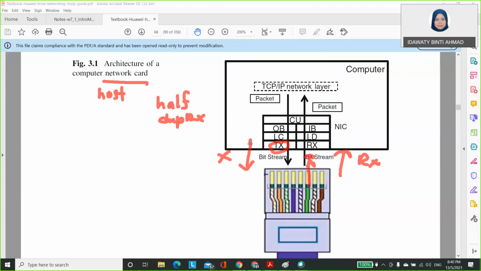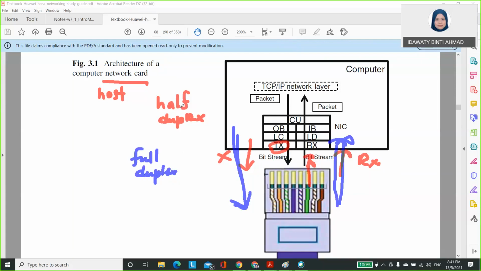Meaning that for full duplex, when you want to send, you just send it. Even though there is an incoming signal, it is okay, because with full duplex you can send and receive at the same time. That is what it means by full duplex.